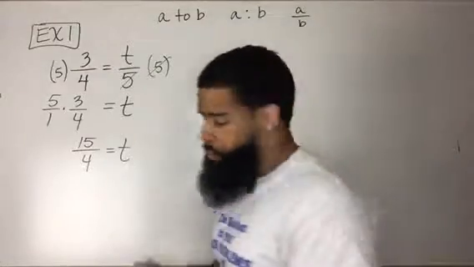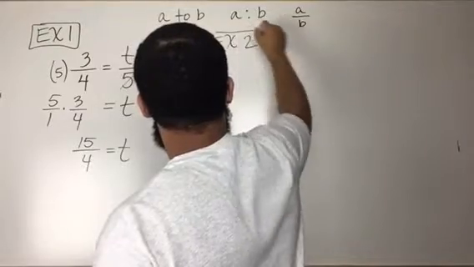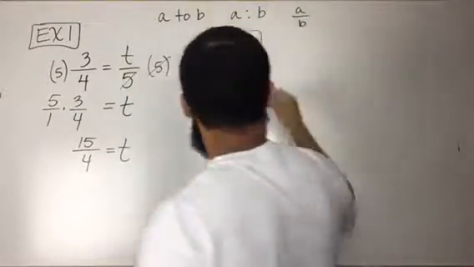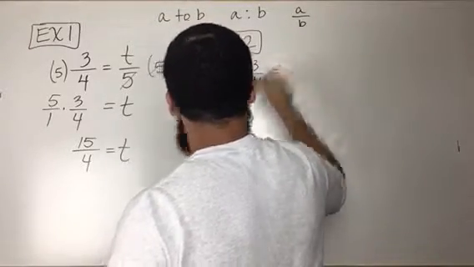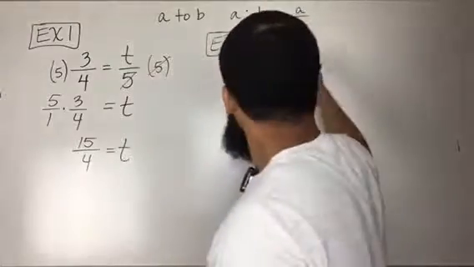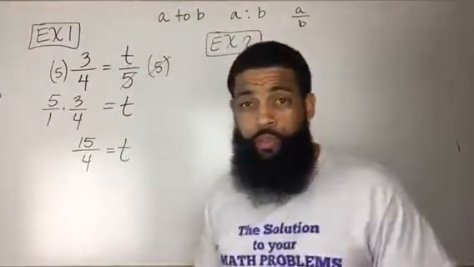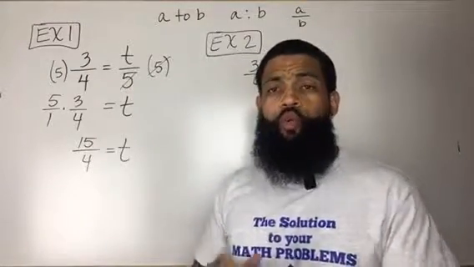All right. Example 2. Now, example 2 is if I have, let's say, 3/4 is equal to M over 22. And in this case, we can use cross products.